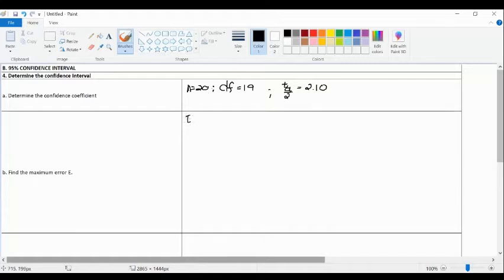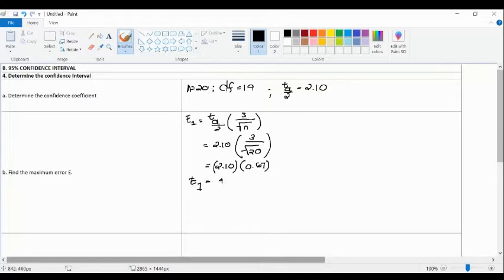Now the next process is we're going to find the maximum error E. For the experimental group, we have t sub alpha over 2 multiplied by your sample standard deviation over the square root of your sample size n. So that would be 2.10 multiplied by 3 over the square root of 20. Okay, so 2.10 multiplied by 0.67 will give us an answer of 1.40. This is the maximum error for your experimental group.